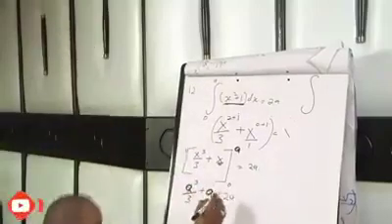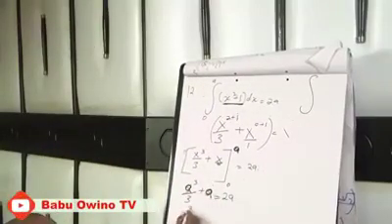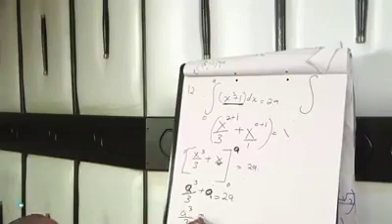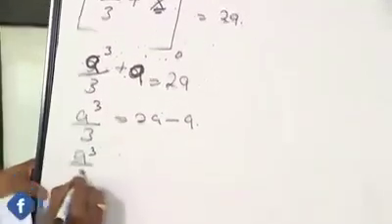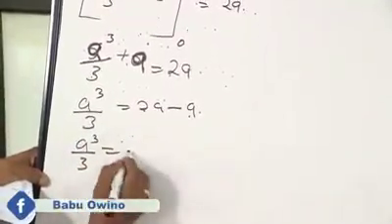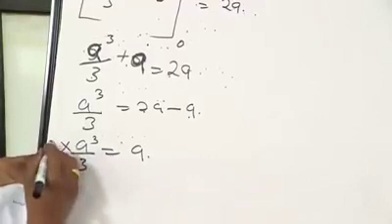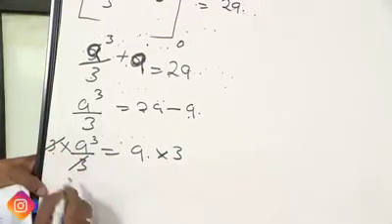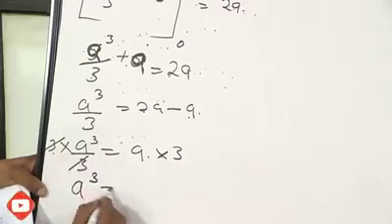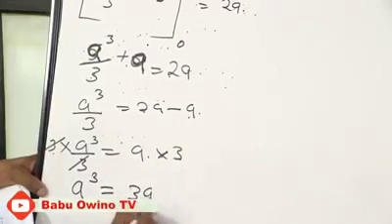Then collect the like terms. a raised to power 3 divided by 3 equals to 2a. When a crosses the other side becomes minus a. So a raised to power 3 divided by 3 equals to 2a minus a is a. Then cross multiply by 3, both sides. This 3 and 3 goes. Then we have a raised to power 3 equals to 3a.